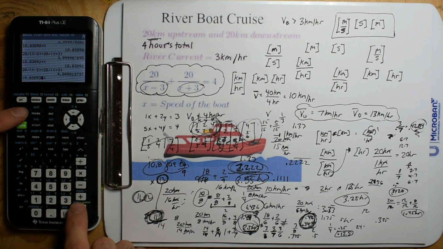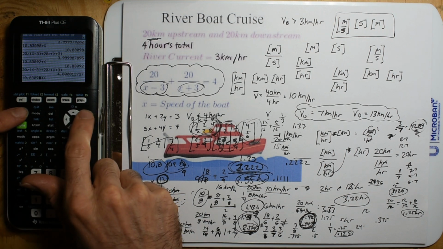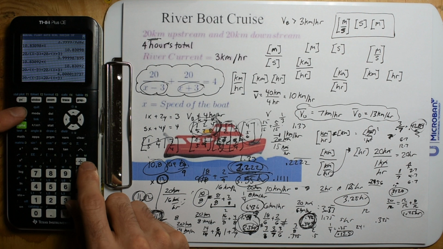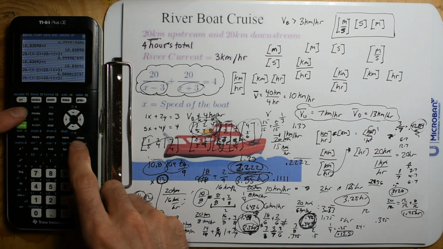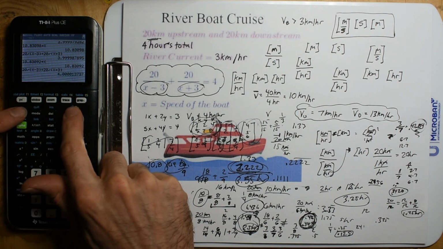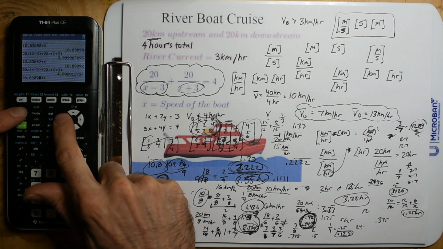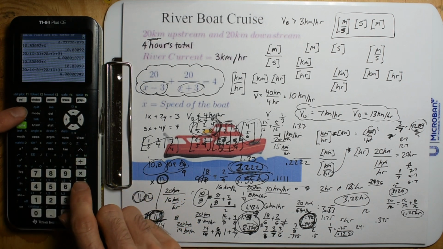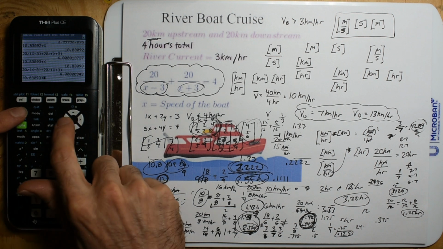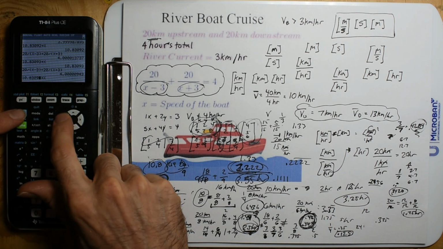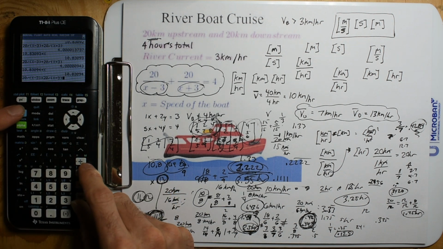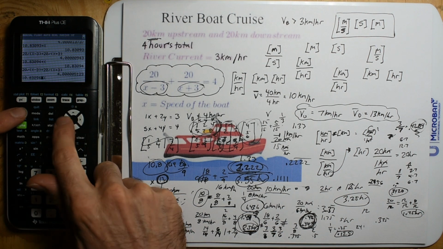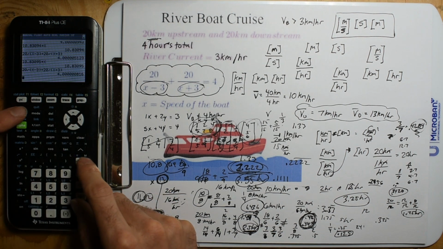So this was too slow, so we just increase it. And we'll throw a 3 right here. That was too slow, so we'll throw a 4 right here. Okay, too slow. 5.